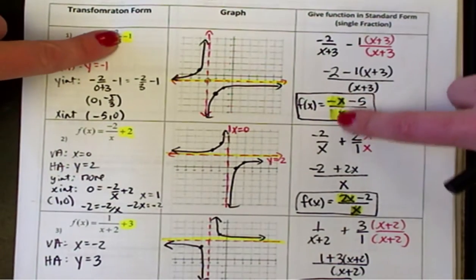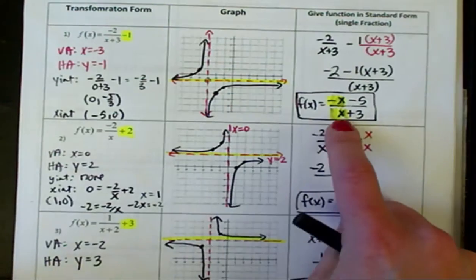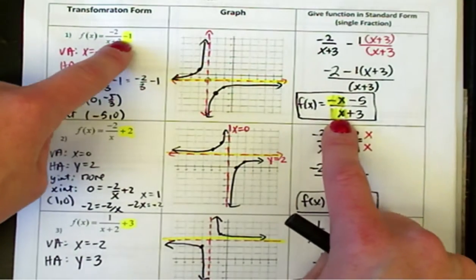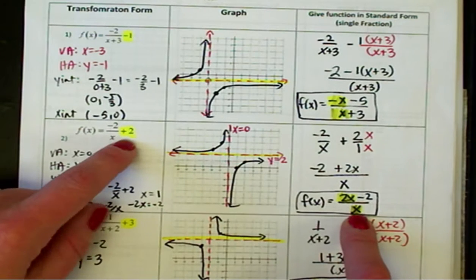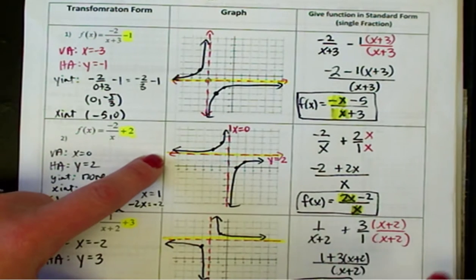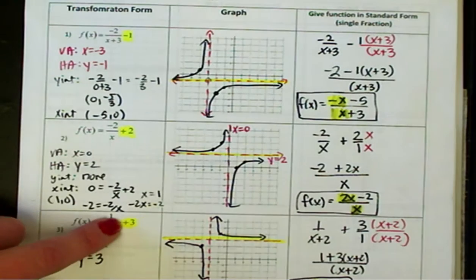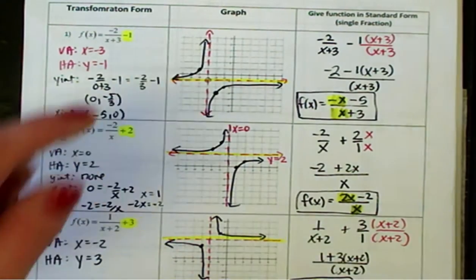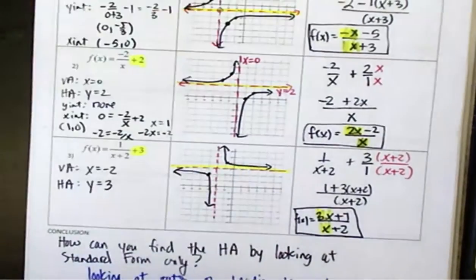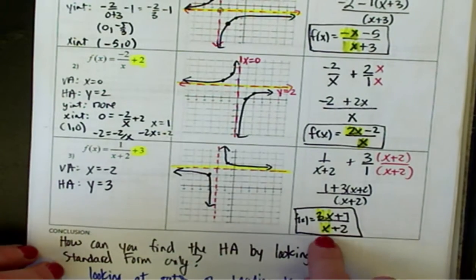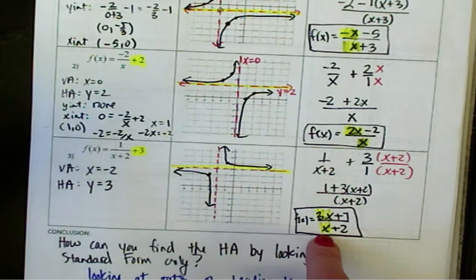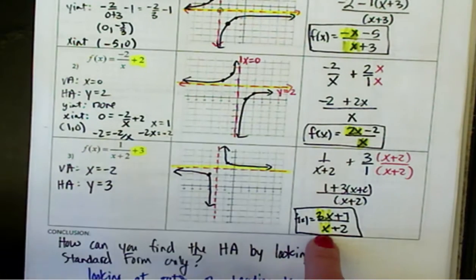And we noticed that the ratio of the leading terms matched the k value. 2x over x reduces to 2. Look at my horizontal asymptote. 3x over x reduces to 3. And so what I want to do today is talk about how to find your horizontal asymptote without changing it to standard form. I'd like to avoid that extra step if I don't need it.